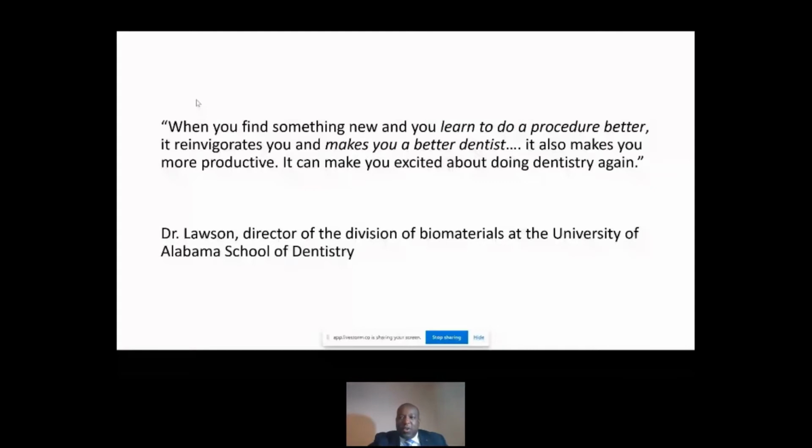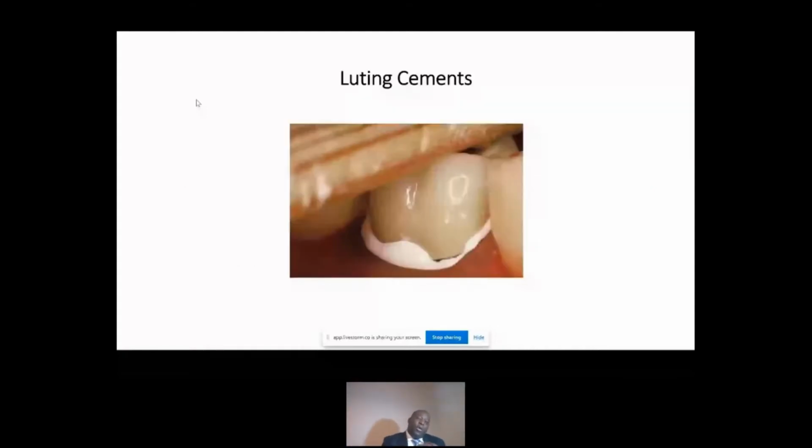Change is good. So for the rest of this evening, we're going to be looking at cements, and in particular, luting cements, because this term, cements, can be used quite confusingly. But when we're talking about a luting cement, what is its objective? What's the purpose of it?